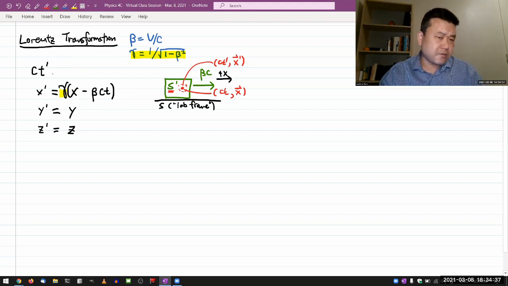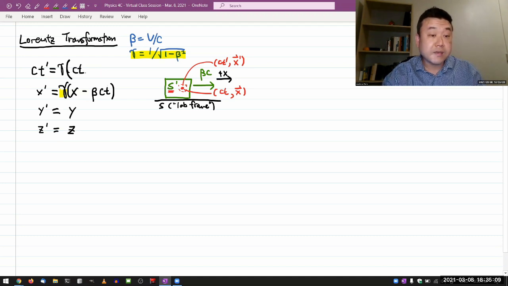The hardest is really the time coordinate. And this is the one that I don't really want to have to derive. So I'll just state what it is and point out the symmetry between the transformation of the space coordinate with the time coordinate. So the time coordinate transforms this way. There's still this gamma factor here, and there's the time portion, ct.